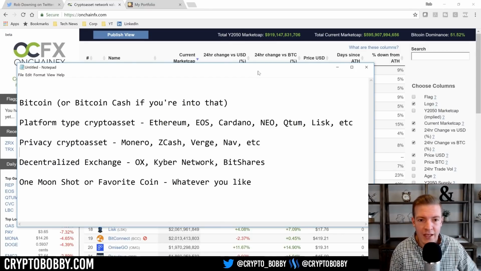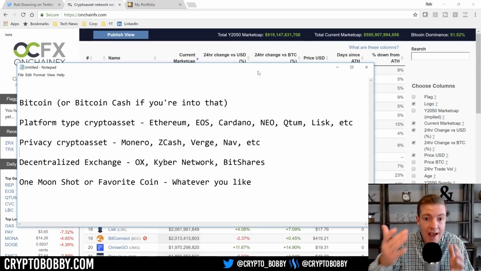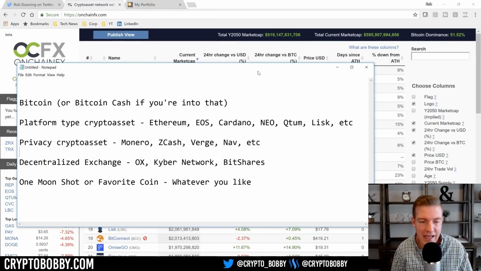Like I said, I have ZCash, but maybe you like the open source development and team nature of Monero, and you like its adoption more than ZCash. Like I said, I have Ethereum and Cardano, but maybe you think Neo is going to end up being the Ethereum of China or whatever. Do your own research and find out which ones you like.